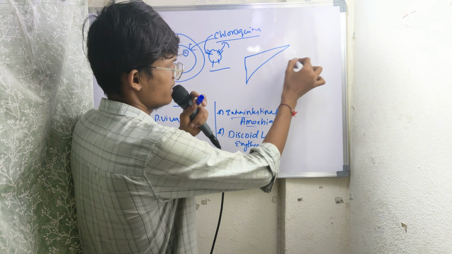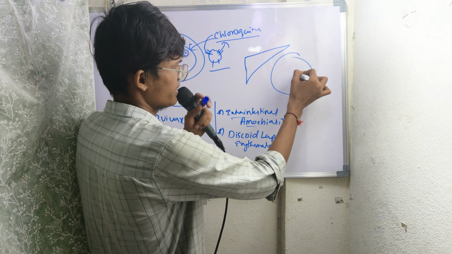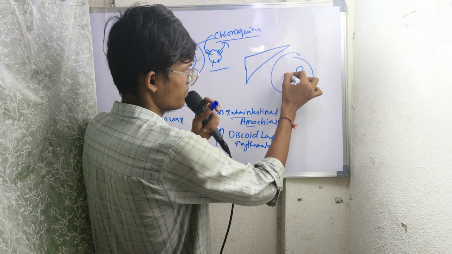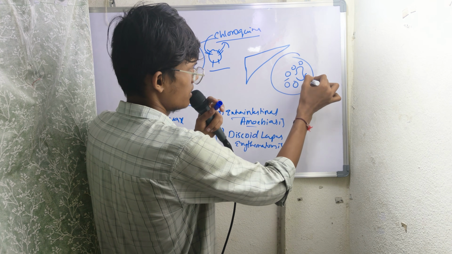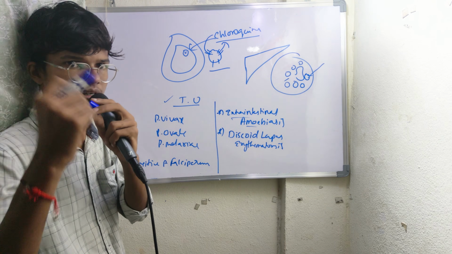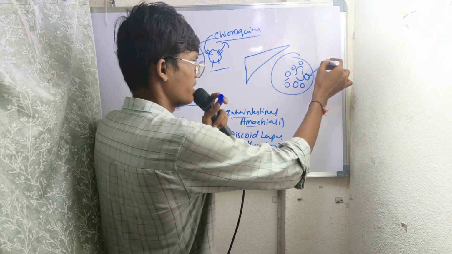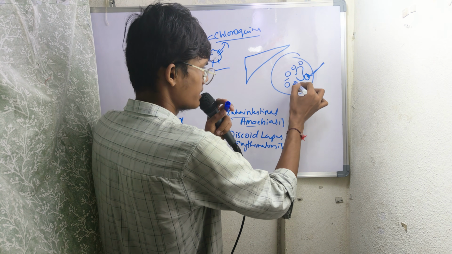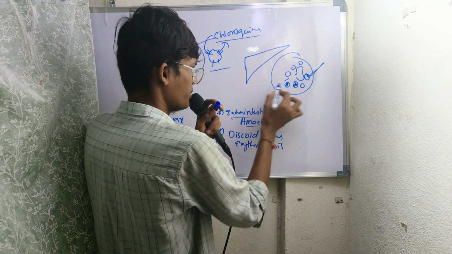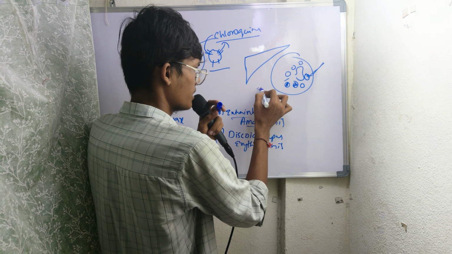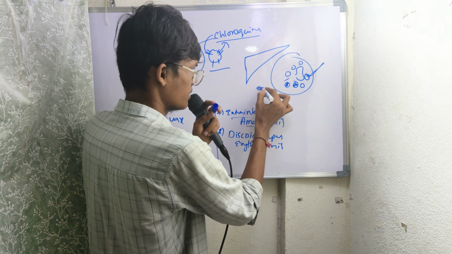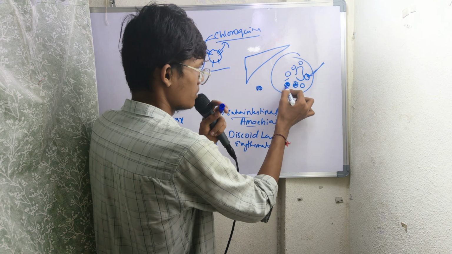That is, if this is the face, in the ear region and in the cheek region, there will be coin shaped rashes which will aggravate when light falls on them, and these are scaly lesions, and if you peel the skin off, there will be a pink colored area appearing.